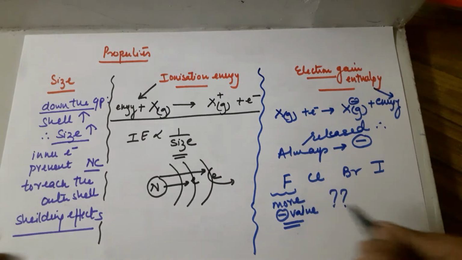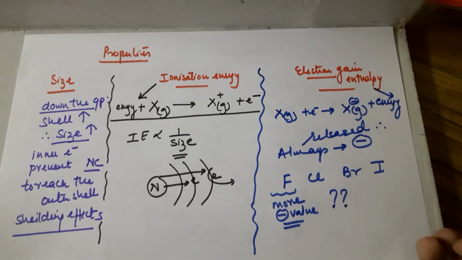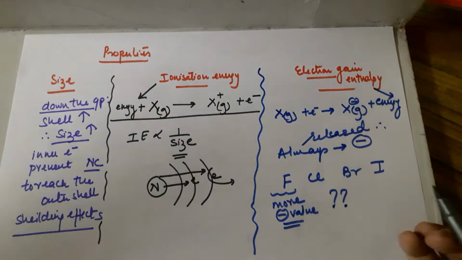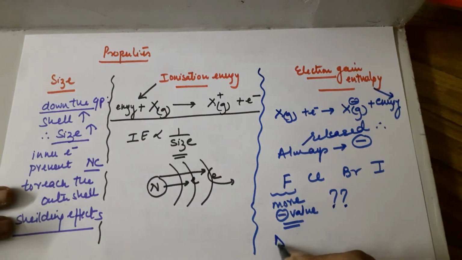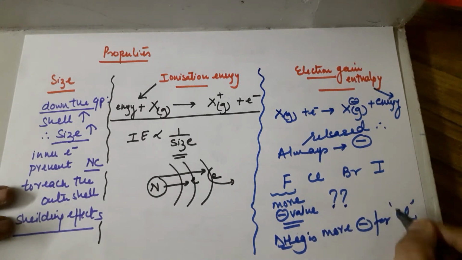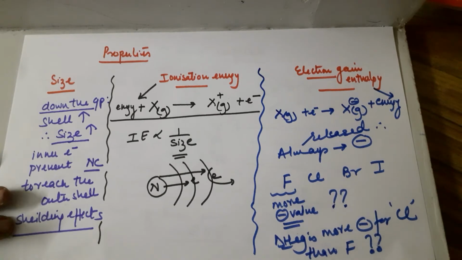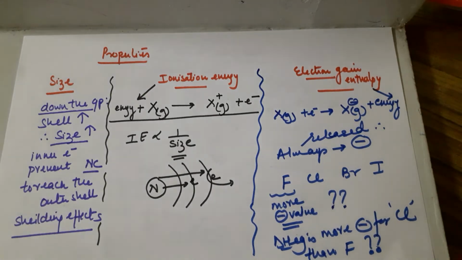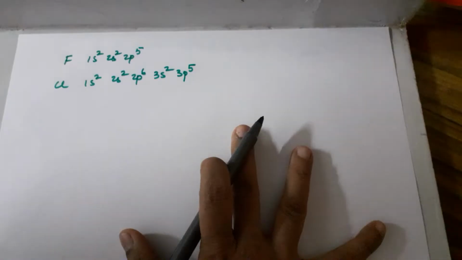But there is an exception, which also we have done in class 11th. I'll just redo it, that delta H eg is more negative for Cl than F, is an important question asked at many places. Fine. Okay.